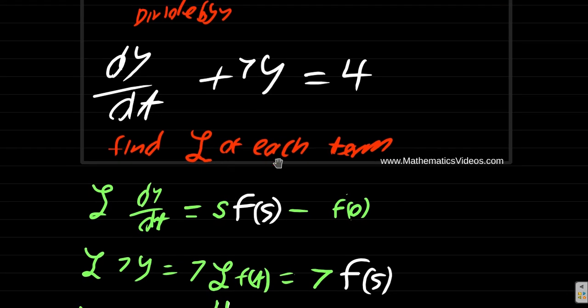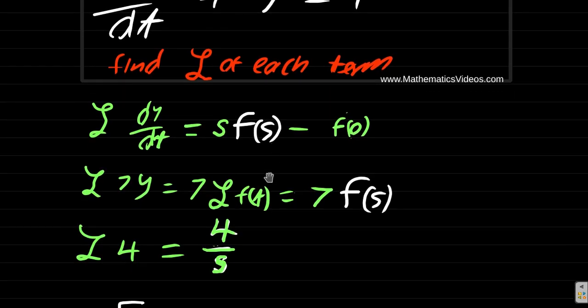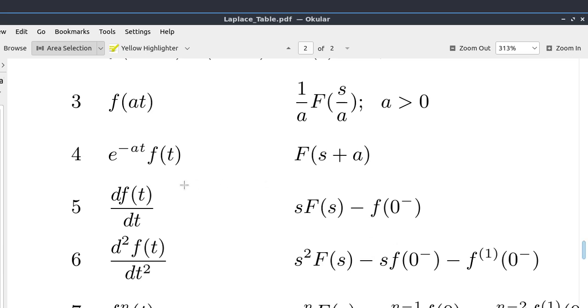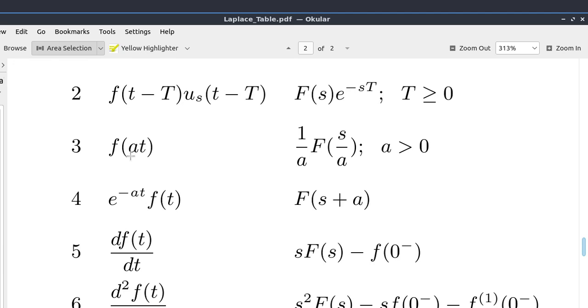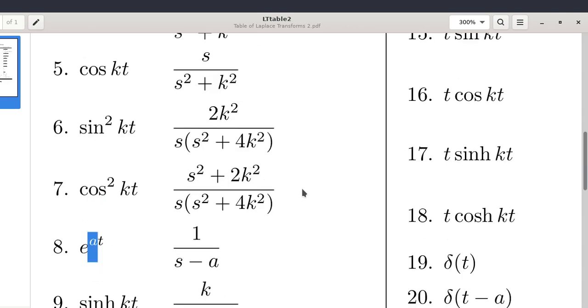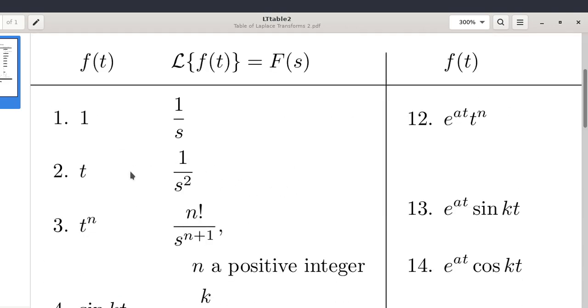The Laplace transform of 7y. y is our f of t, and that is what we'll find in the table. In a simpler manner, this other table shows it.